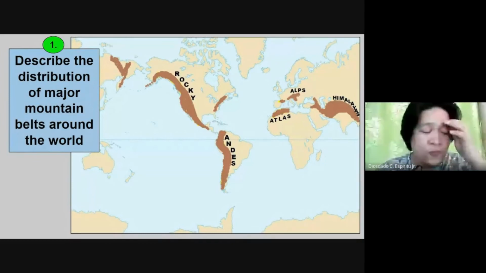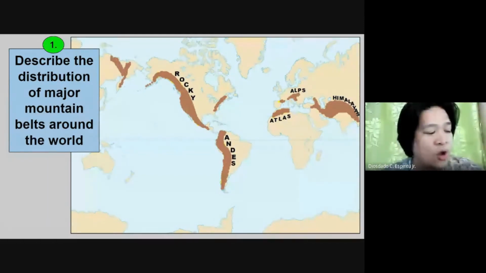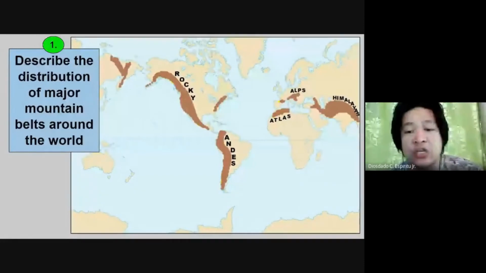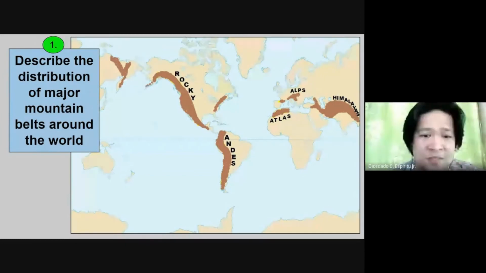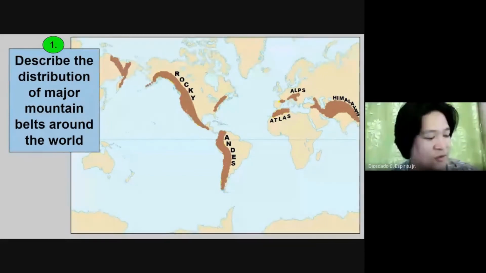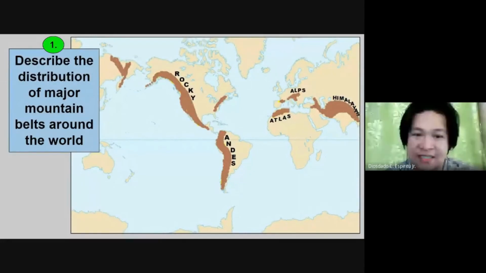Okay, so in our module, if we continue to look at the line of questioning, the next question is, where can we see Andes Mountain Range? So Andes is located in South America. And which part of South America is Andes located? It is same. It is also found in the west. And if we look at the landmass, it is basically at the edge of the west side of South America.